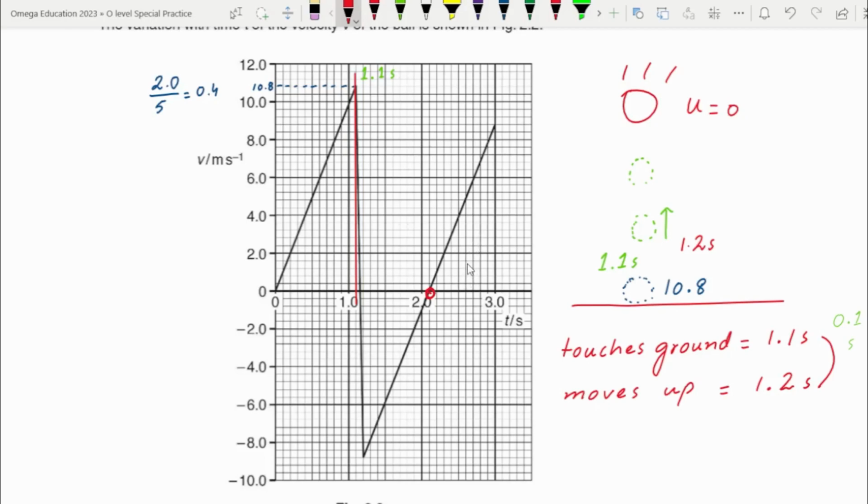Sorry, not the maximum speed, maximum height. So this is the maximum height that the ball has reached after the first rebound. And you know, when the ball reaches a maximum height, its velocity would be reduced to 0. That's why its velocity is 0 at this point.